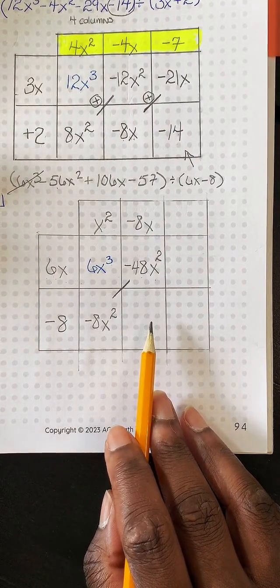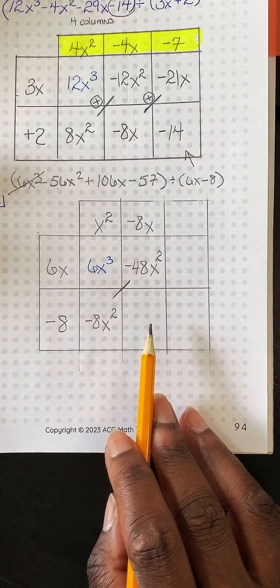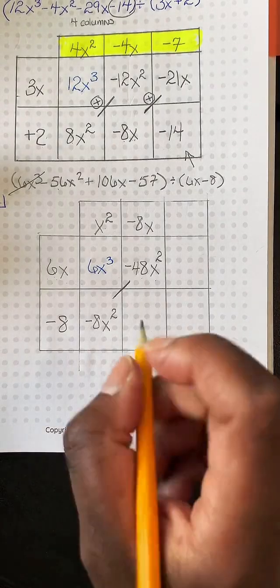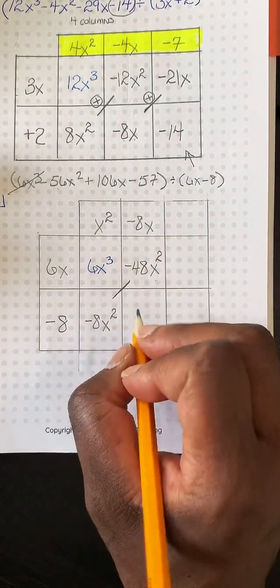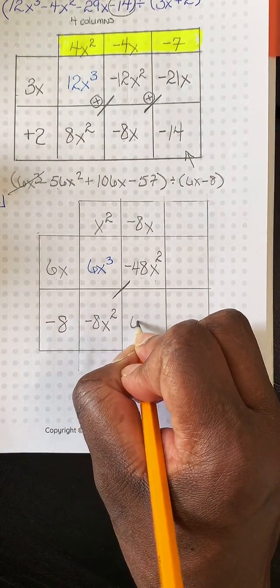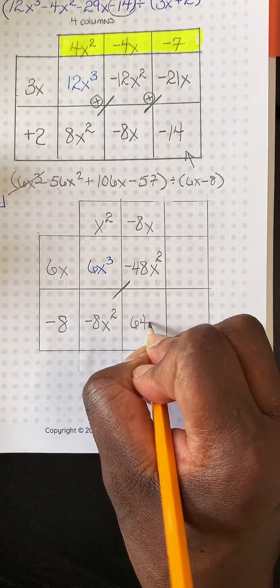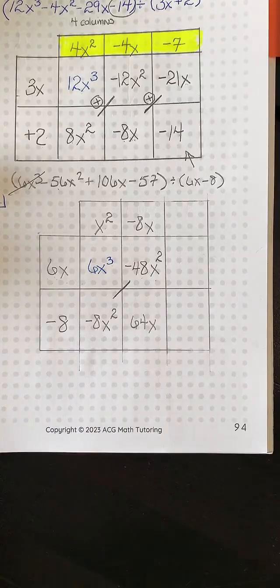We're bringing the x with it. Because a negative times a negative gives me a positive. 8 times 8 gives me 64. And there is my x.